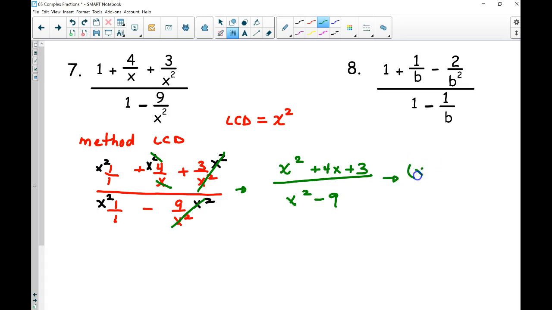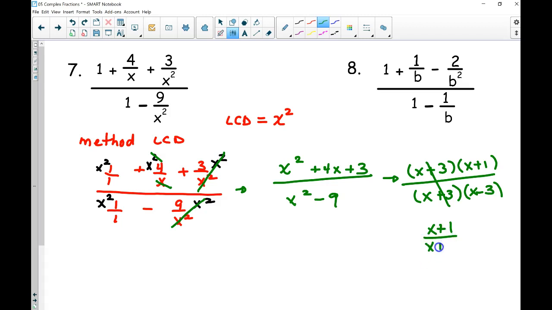We then factor the numerator and factor the denominator, and our final answer is x plus 1 over x minus 3, like in the first problem.